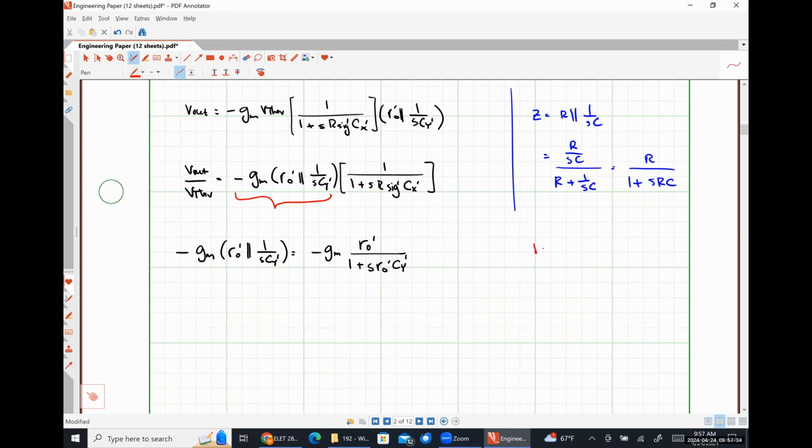What was R naught prime? So if I remember correctly, it was R naught in parallel with RC in parallel with RL.